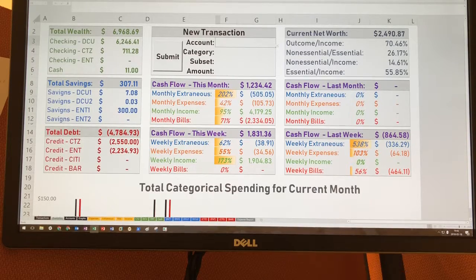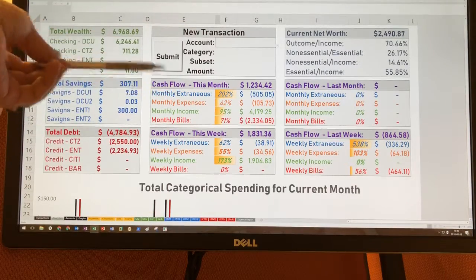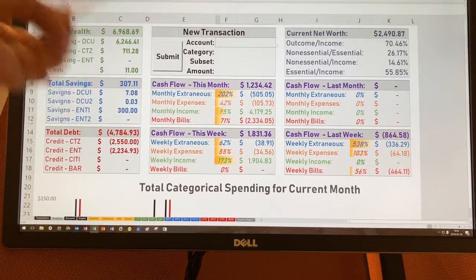Transactions that I'm expecting for the month and I have to pay for the month are bills. Things that I'm not expecting for the month but I have to pay are expenses. And things that I am not expecting and don't have to pay are obviously extraneous. Other than that, there's income.